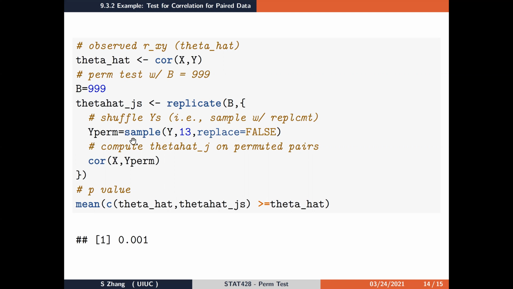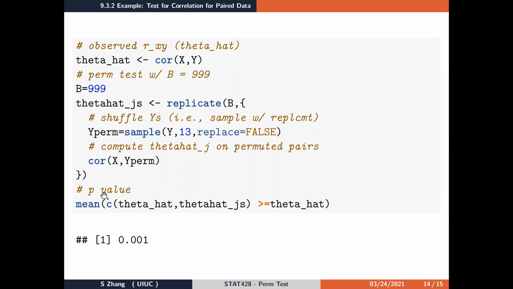Each time we permute our y's, we shuffle our y's, and this can be done by sampling a total of 13 elements from y, without replacement, sorry. And then after we permute our y's, we can again calculate the correlation between x and the permuted y's. These are going to be our theta hat j's.